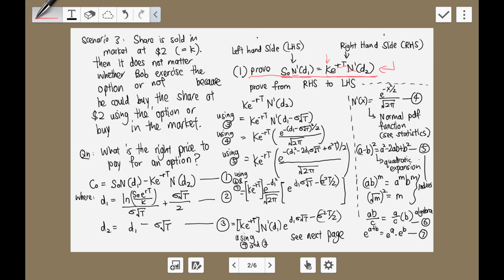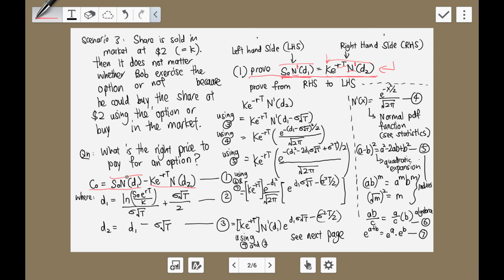Notice there's a difference, although this looks very similar to the thing here, and this thing here looks very similar to this thing here, but they are not the same. There's one major difference: you see this prime here.